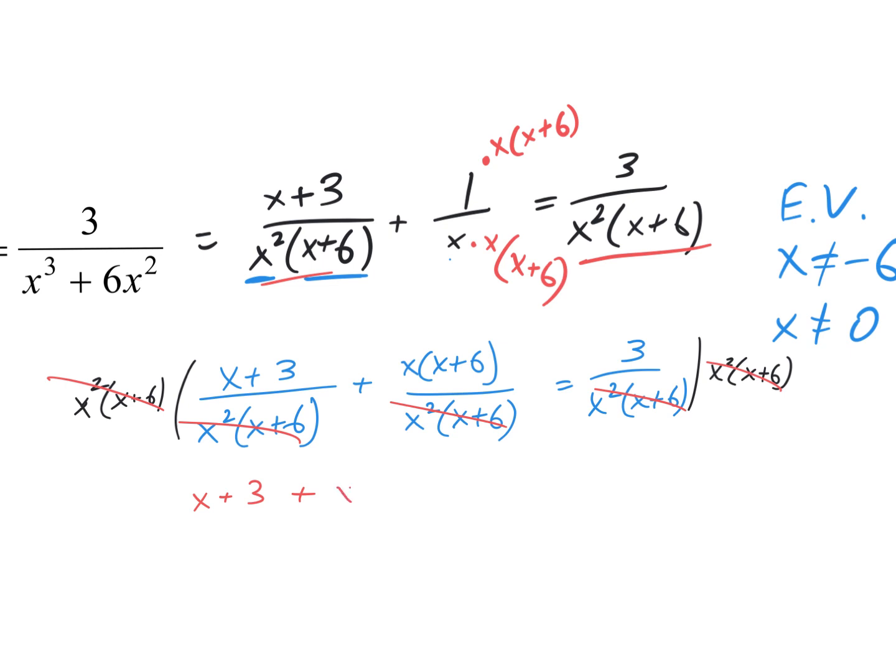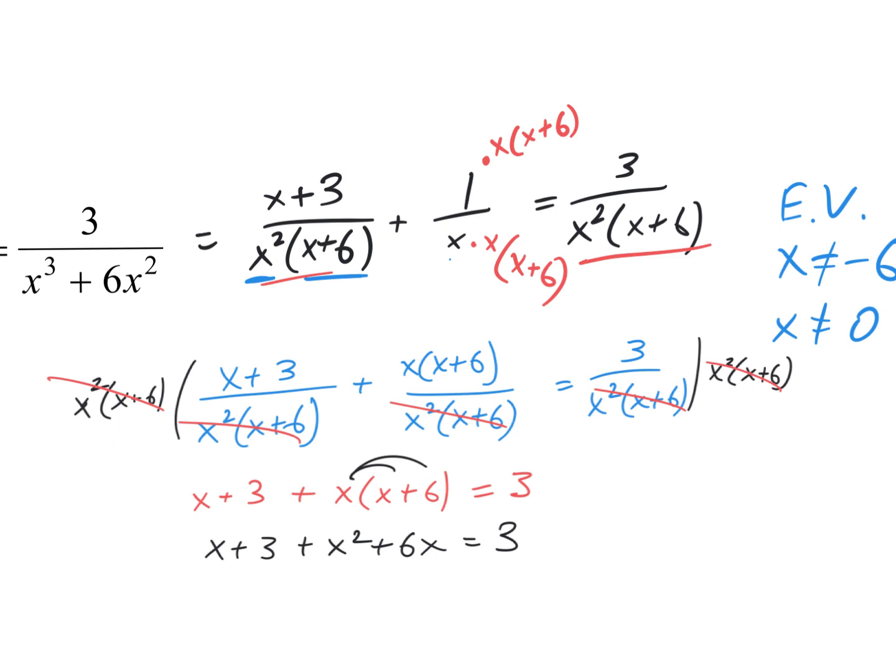x plus 3 plus x times x plus 6 equals 3. Let's distribute some of this. x plus 3, x squared plus 6x equals 3. Okay, and we're going to clean this up by moving everything to the same side.